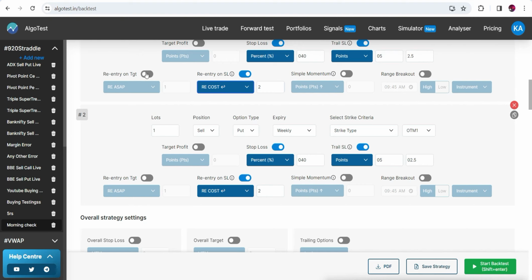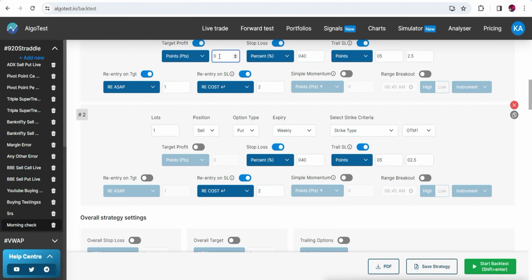And on re-entry on target, assume we have some target profit, and these features work the same. The only difference is, if you enable this, it will re-enter when our target is hit. We have explained how they re-enter when our stop loss is hit, and the same process will follow for target.